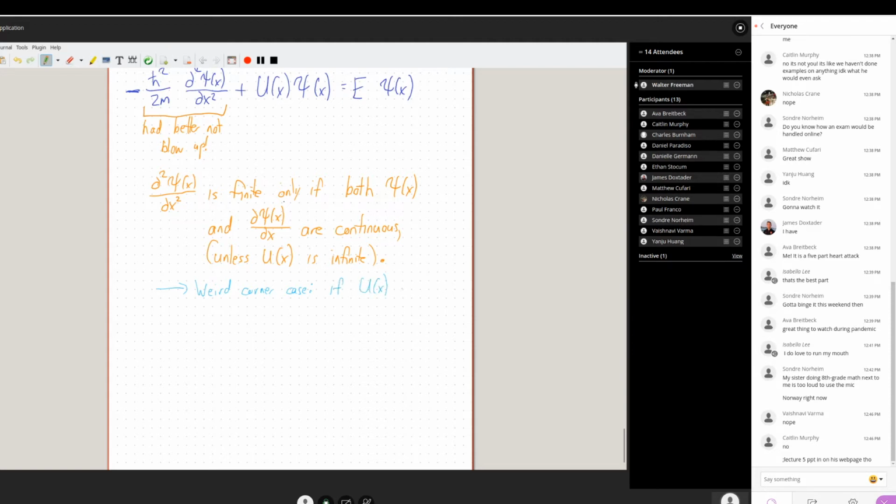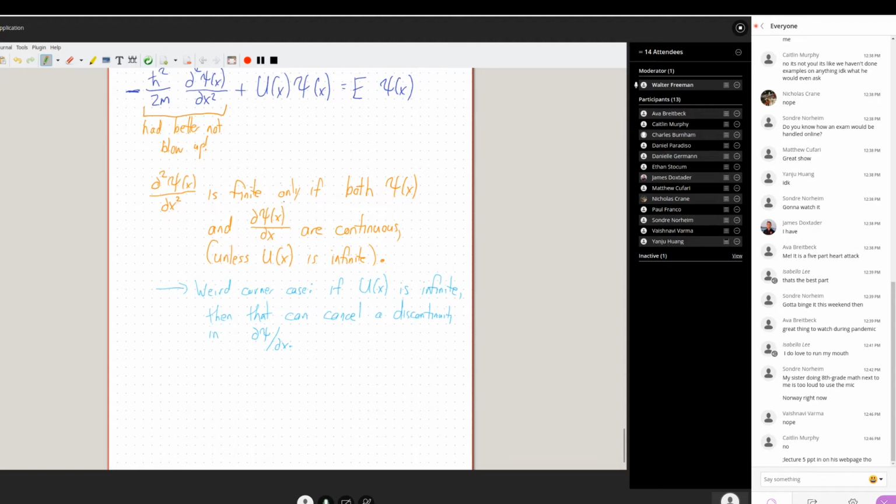If the potential is infinite, then that can cancel a discontinuity in d psi by dx. Stick that in the back of your brains. We'll use it again in a moment.